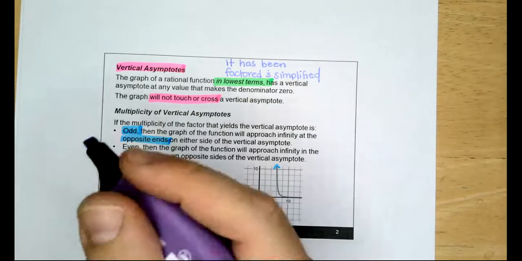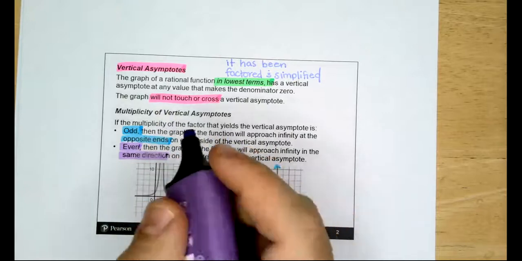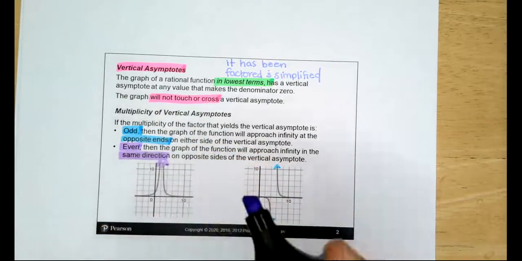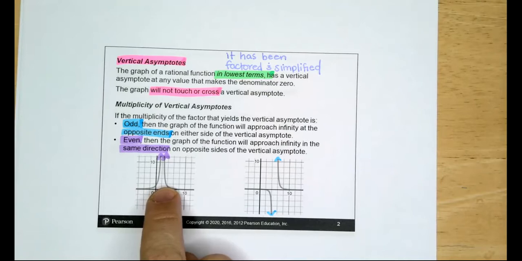If it is even, then it will approach infinity in the same direction. So that is approaching infinity on the y-axis, in the same direction on opposite sides of the vertical asymptote. So they're both non-continuous because it breaks, it stops right here, but these are both headed towards positive infinity.